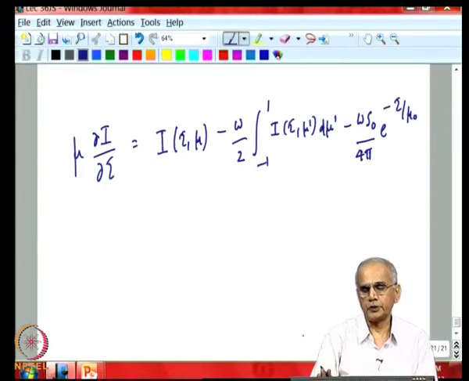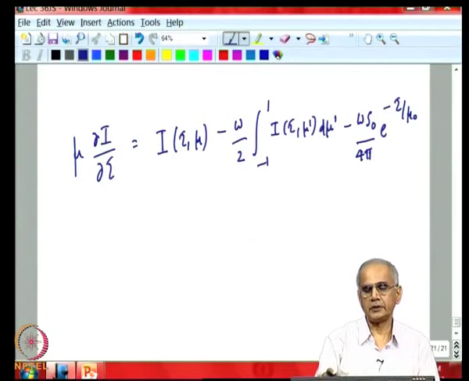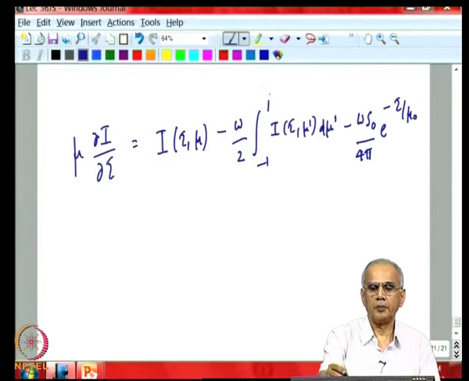So, this is the simple expression for isotropic scattering, and now we would like to solve this equation for intensity, and in order to do that our main complication is this integral. This integral is what is going to cause a big problem for us, because the unknown function is inside the integral. Okay.